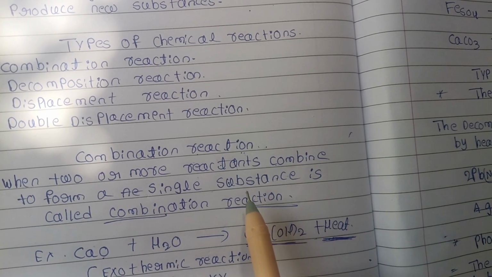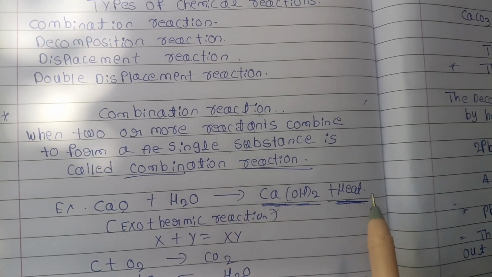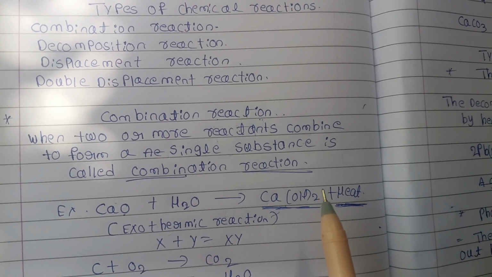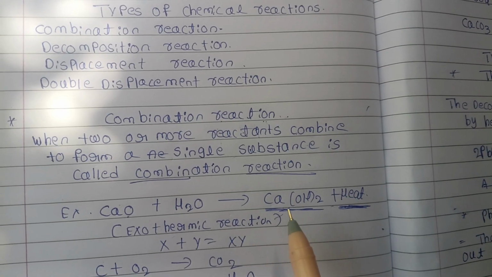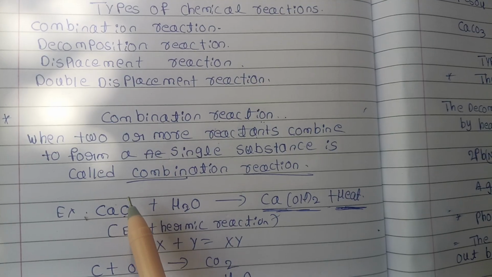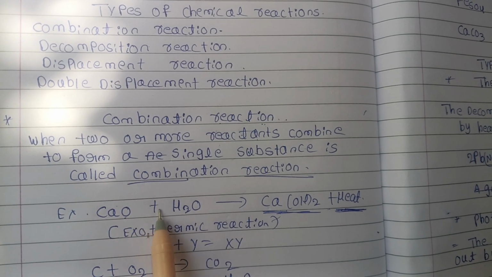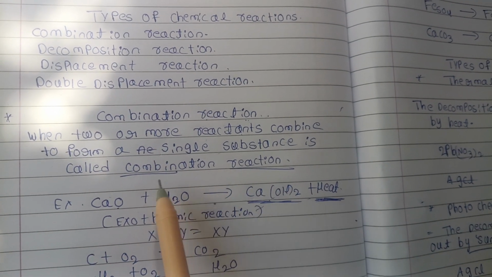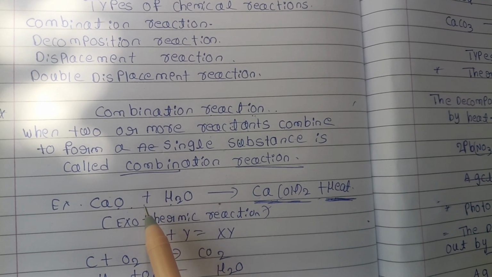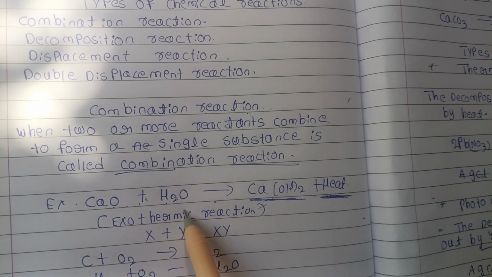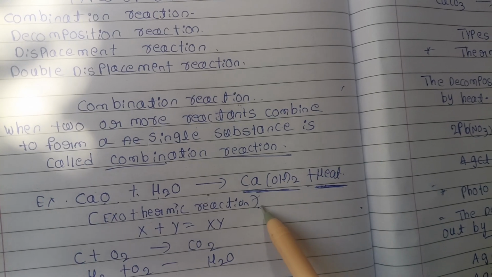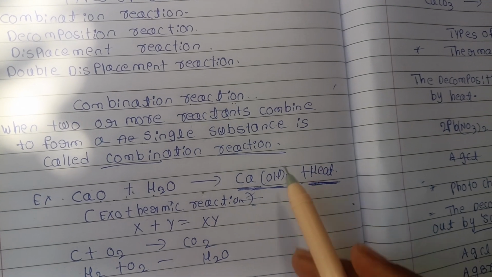So in this combination reaction, you should know what a reactant is. Reactants are the substances involved in the chemical reaction. For example, for the combination reaction, calcium oxide, CaO, stands for calcium oxide. When it reacts with water to form calcium hydroxide, it is also called slaked lime.